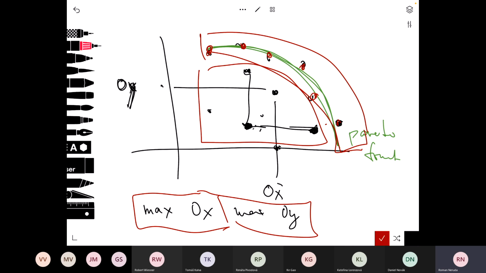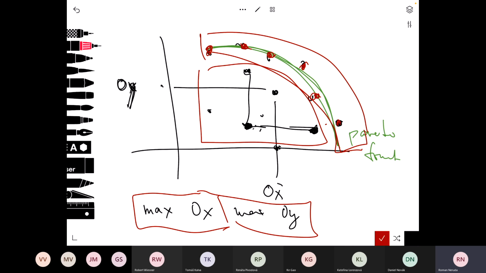You can have formulations where Nash equilibria and Pareto solutions are the same, but you can also have games where they're totally different. And that's actually a very good question, because the Pareto front is the set of solutions that are sort of optimal for everybody, right?